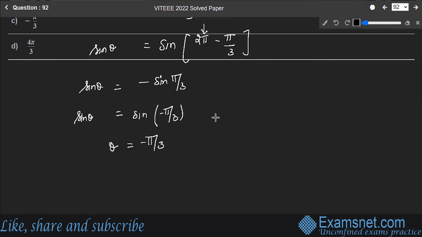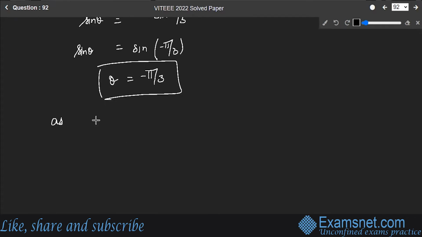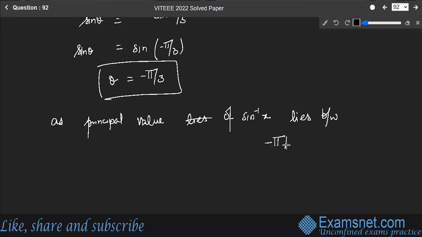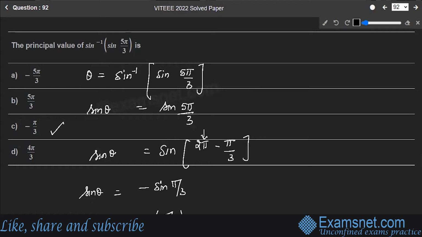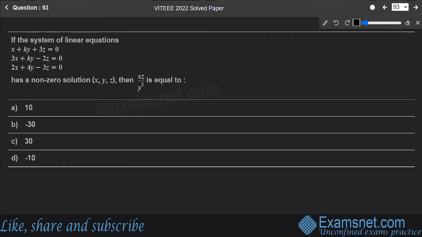In this case, the principal value of sine inverse of sine 5 pi by 3 is equal to minus pi by 3, as the principal value of sine inverse x lies between minus pi by 2 and pi by 2. Correct. So you have this option C as the answer. Hope you got that. Let's move to next question number 93.